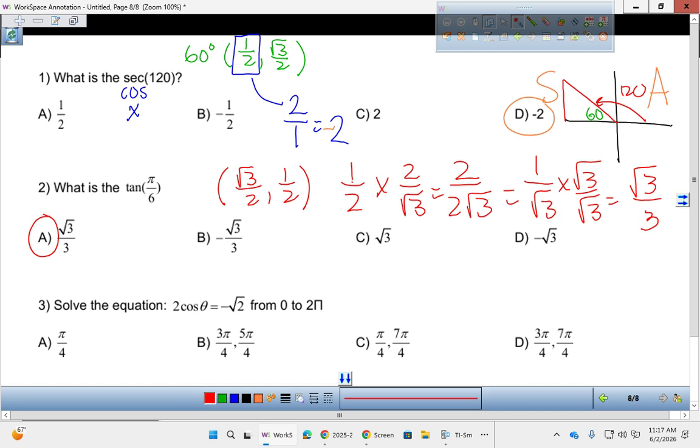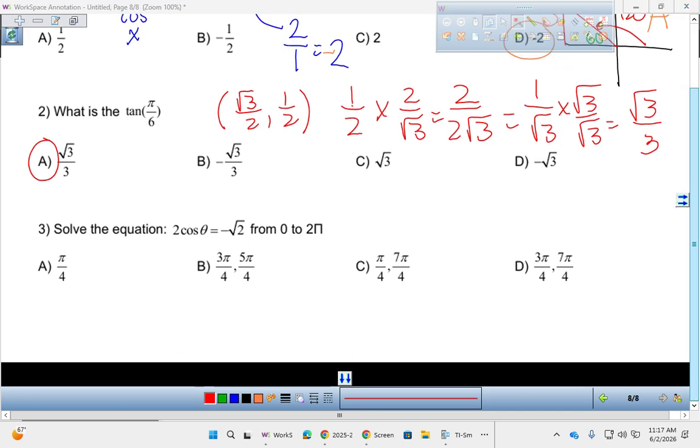All right, and then the last one, I'm solving for this equation. So I'm dividing by 2. So I have cosine theta equals negative root 2 over 2. Well, even just from looking at this, I know that the answer can't be this because there's only one answer. I also know that my answers have to be where cosine's negative, right? So it's got to be something in quadrant 2 and 3.